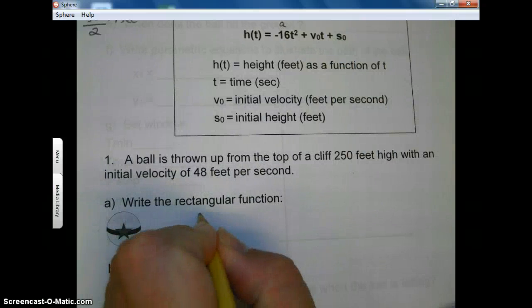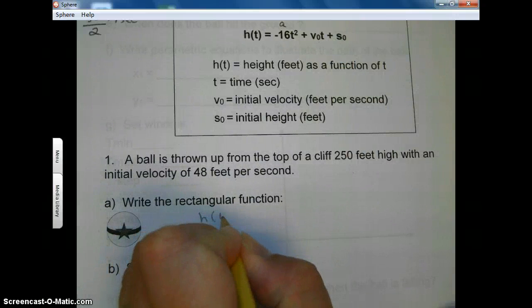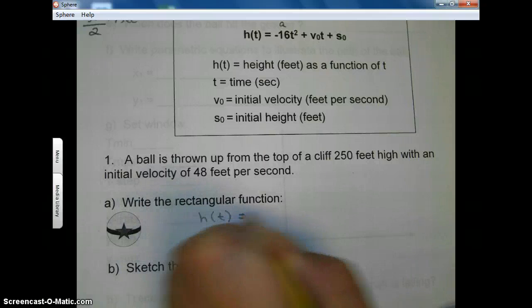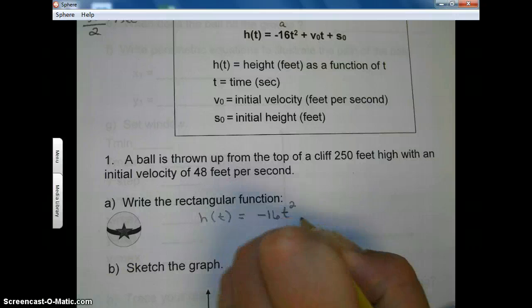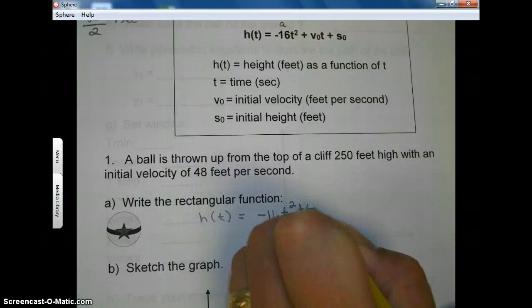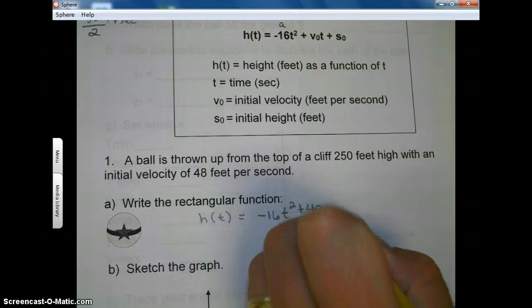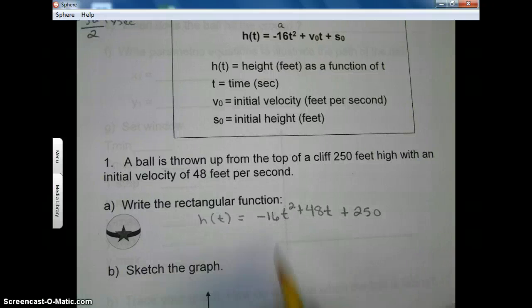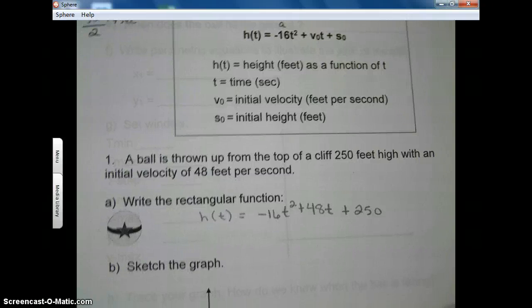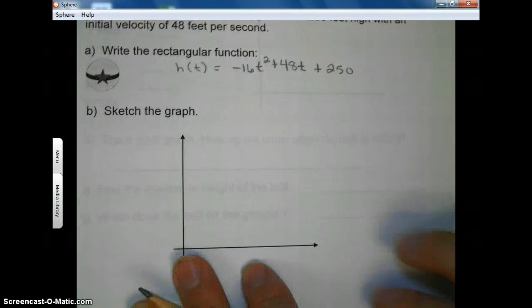We're going to have our height in terms of t as -16 t squared plus our initial velocity, 48 t, plus our initial height, which is 250. And that's going to represent our height in terms of t. That's our rectangular equation.